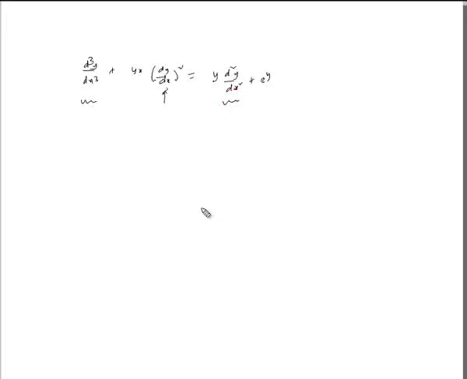We have to see the highest order derivative term, and the order of that becomes the order of the differential equation. Here the highest order derivative term is d cube y by dx cube, and its order is 3, and hence the order of this differential equation is 3.